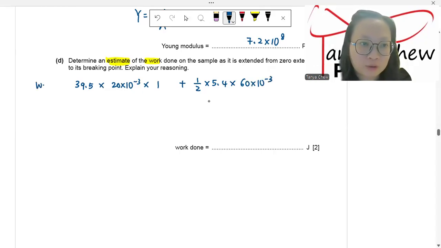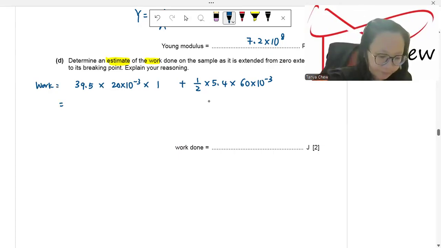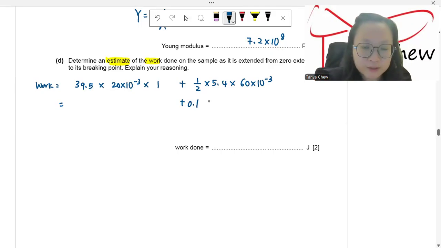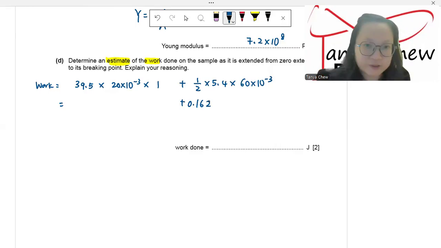So my estimation would be 60, 5.4 times half, and here I got 0.162, and then here 39.5 times 20 times 10 to the power negative 3. Here I got 0.79. Oh, why is it so far away?